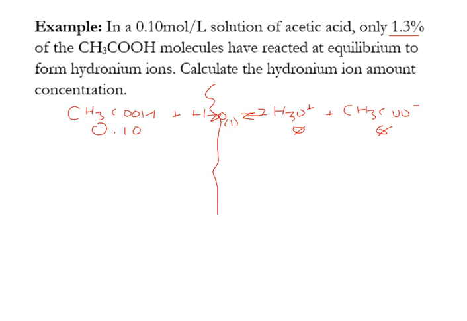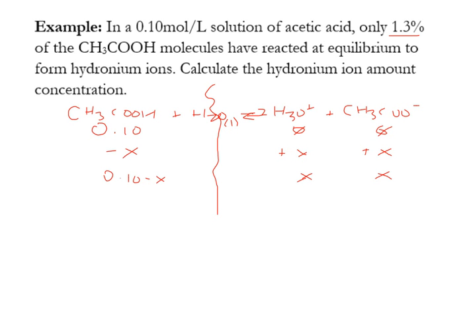Well, it has nowhere to go but up. But I don't know how much it went up by, so I'm just going to say it went up by an unknown amount of x to finish at this amount right here. And what's that going to mean about the acetic acid concentration over here? Well, it means it must have gone down by x to finish off at 0.10 minus x.